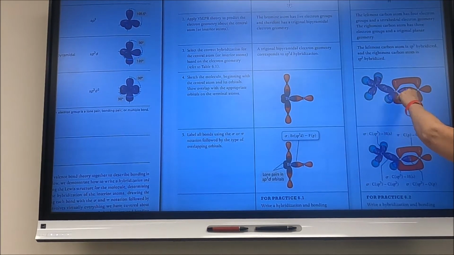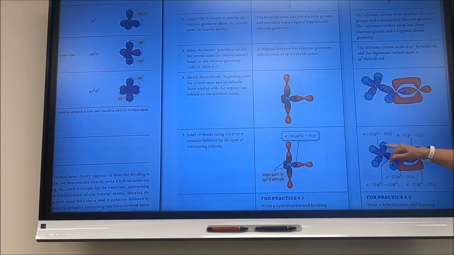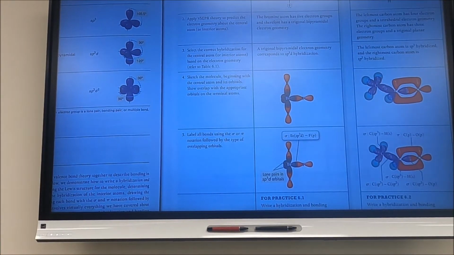There's the sp2, and there's the hybrid orbital, and it's labeled them, just like we did: sp3 overlapping with an s, a p overlapping with a p in the pi bond, and sp2 overlapping with a p in the sigma bond, that first bond. So when you get into homework, you're going to see some of that, and I want you to be ready and able to handle it.